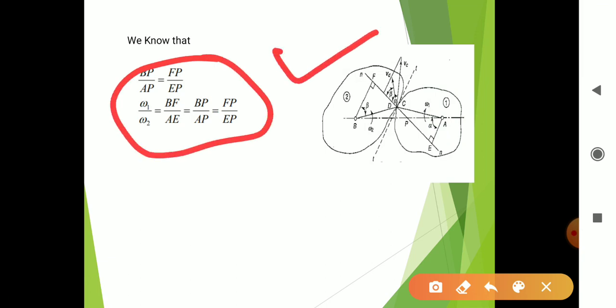So we know that BP divided by AP is equal to FP divided by AP from these similar triangles. Again, omega 1 divided by omega 2 is equal to BF divided by AE, which is equal to BP divided by AP, equal to FP divided by AP. We got this equation from the similar triangles.